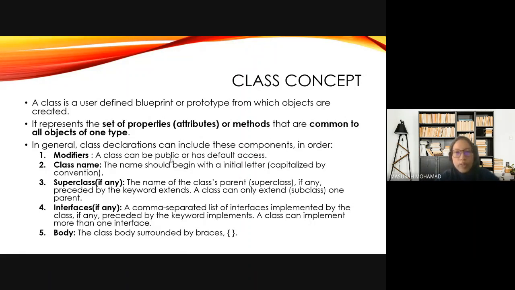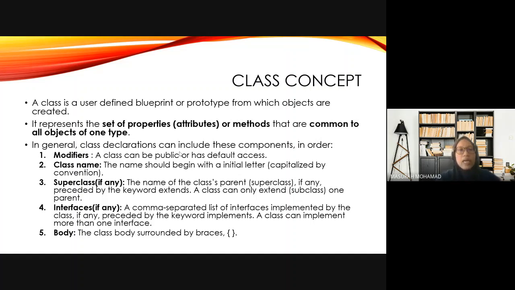So by common, kita usually declare the class as public. Okay, public. Why public? Because we can let other users, other program from anywhere, so can access the code that we already written.